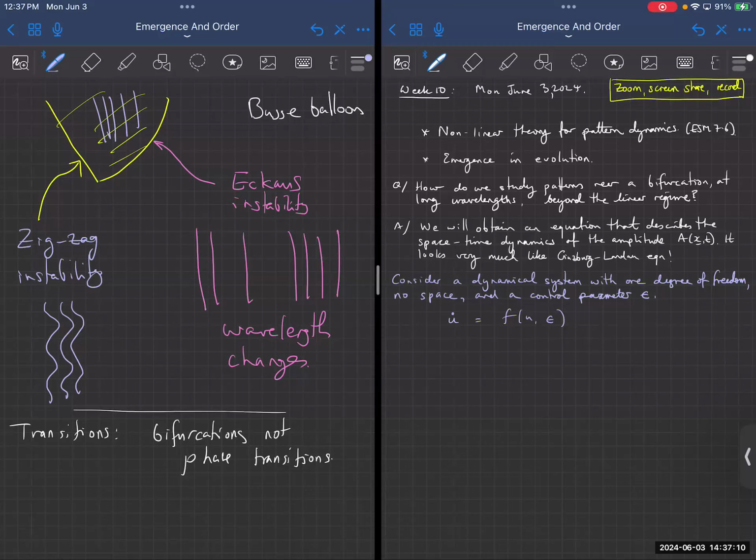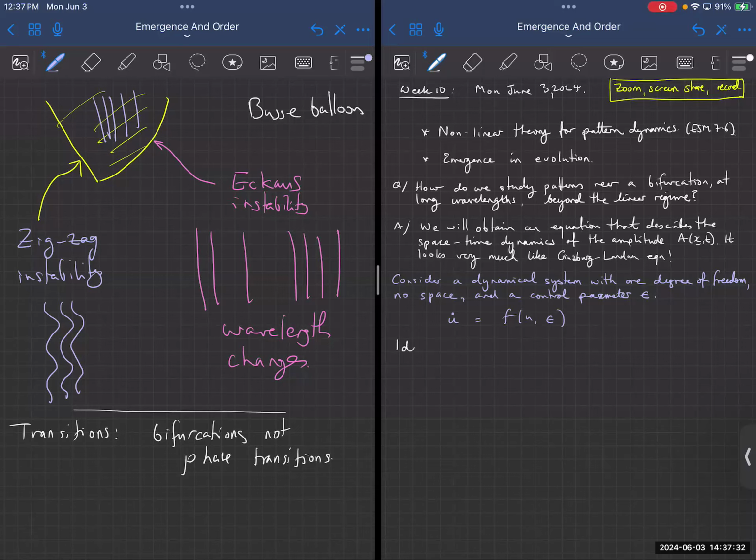So I'm going to start off by talking about a zero-dimensional dynamical system. It literally has some variable which we call u, and it has a time equation of motion: u dot equals f of u and epsilon. So epsilon is a control parameter, and u is some variable. Okay, so what is the basic idea?